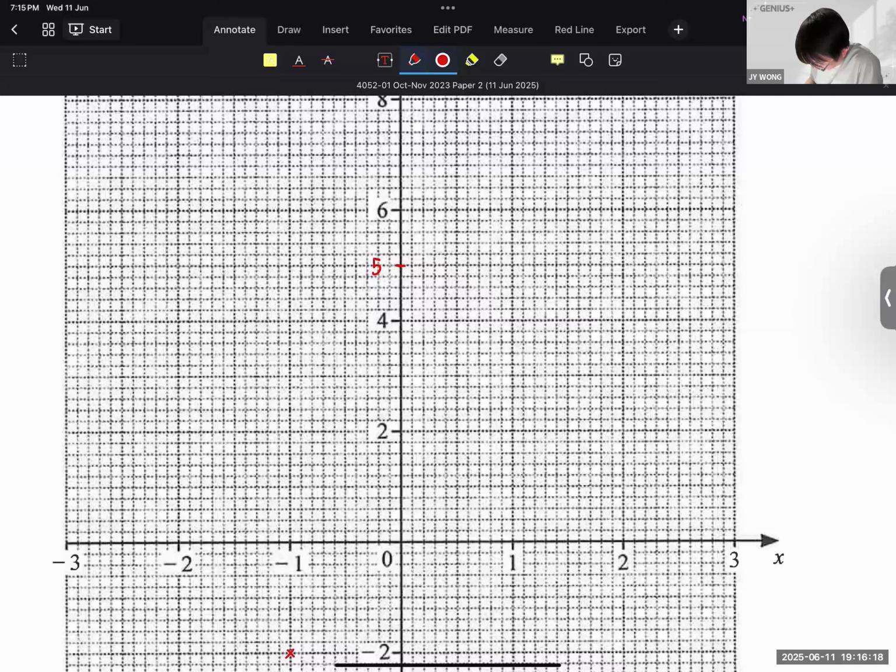So 5.5 will be in between. Then 0.5 is 8.5.